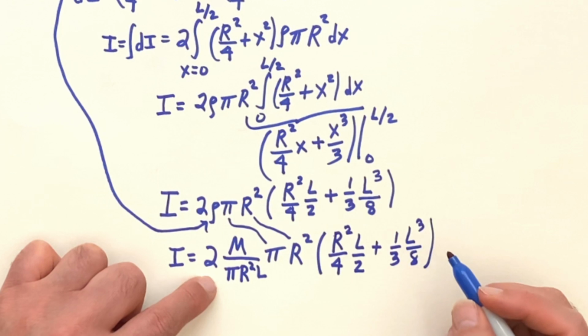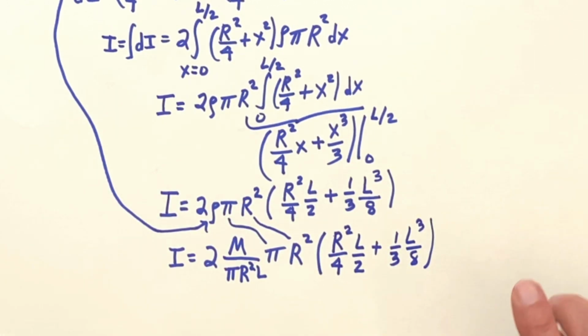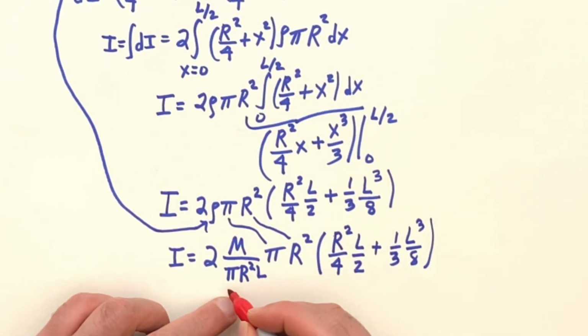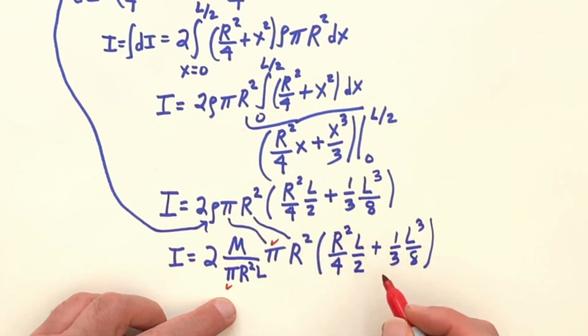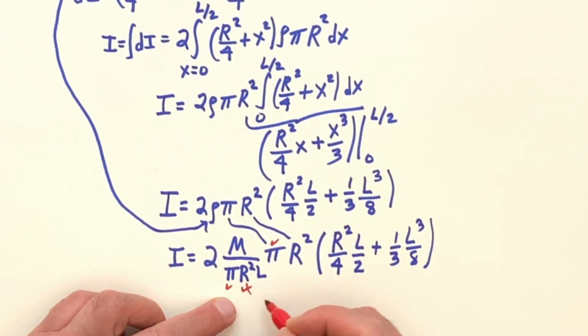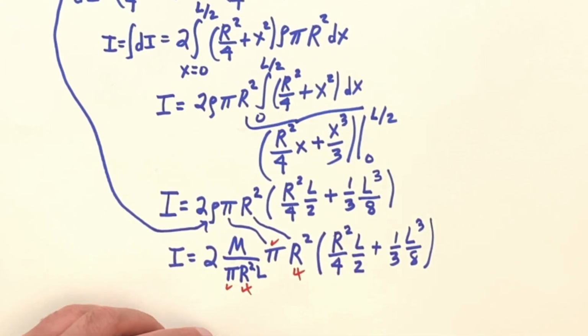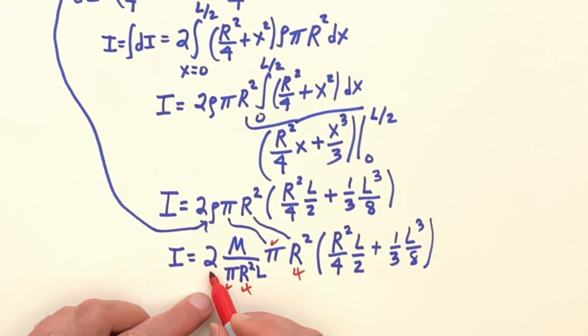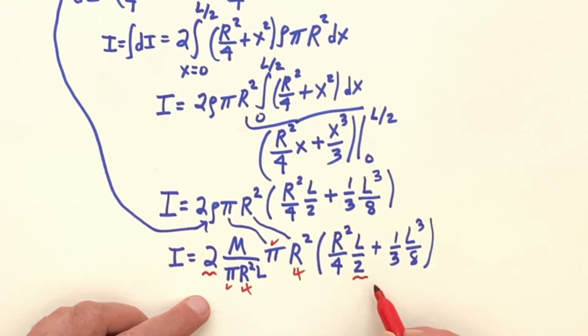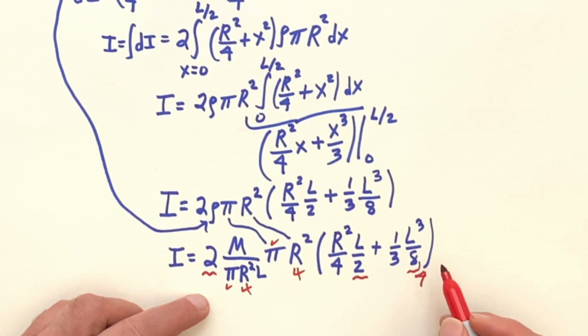All right, so let's see what's going to cancel here. Well, we're going to have this pi cancel that pi. This R squared will cancel that R squared. And this 2 here will cancel this 2. And over here, this is going to become a 4.